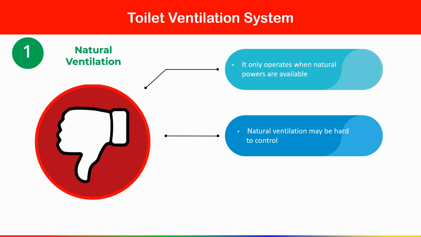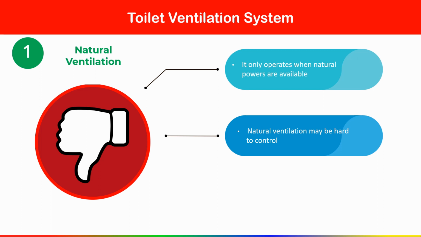You cannot control this ventilation, that how much amount of air. But suppose if you are using a fan to circulate the air, so at that time you can control the air, that how much amount of air you want, you can control it. Okay, we have a volume control damper, you can increase or decrease as per your requirement.